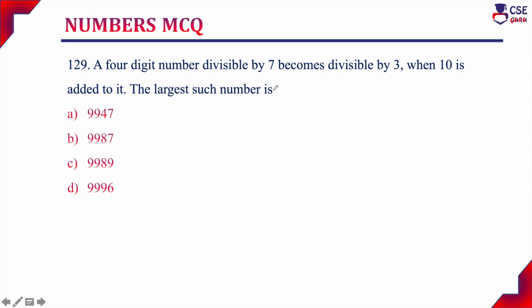Next, problem number 129. A 4-digit number divisible by 7 becomes divisible by 3 when 10 is added to it. The largest such number is? We need to find the largest number, so we will check from the options, considering the largest first.